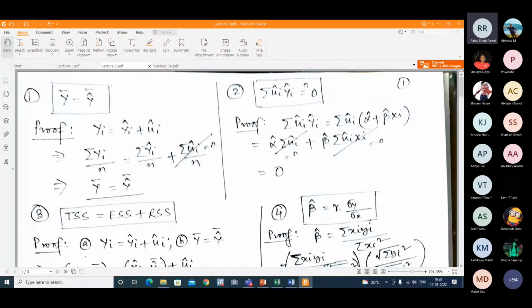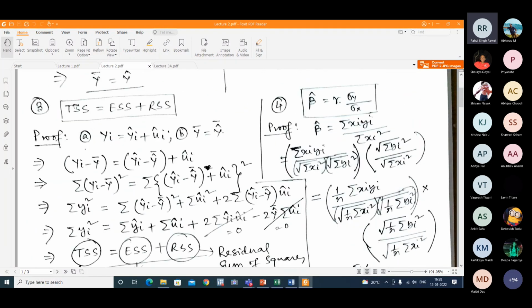Already we have discussed that summation of u hat i, y hat i is equal to 0. And just now we discussed that TSS is equal to ESS plus RSS. And this derivation, what I was telling Surya, it is written here. Basically, I am talking about this part.